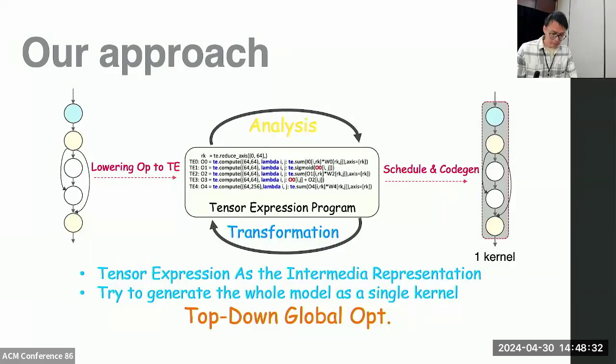After that, it checks if the whole model can fit on the hardware, and it will split if it cannot fit, and then it does the automatic transformation on the tensor expression subprograms.